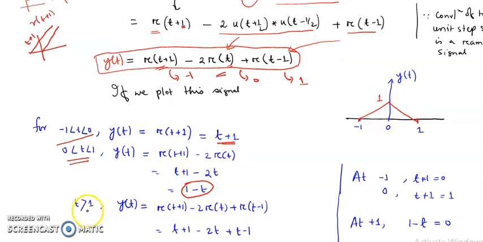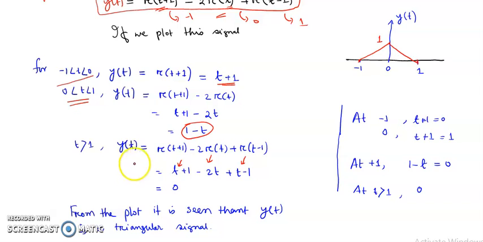For t greater than 1, you will get all the components: r(t plus 1) minus 2 r(t) plus r(t minus 1). If you add these components, then you will get 0 for t greater than 1.